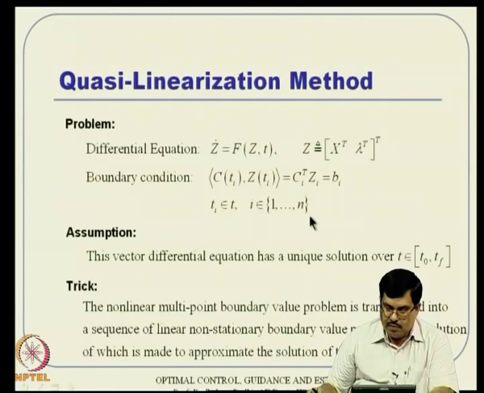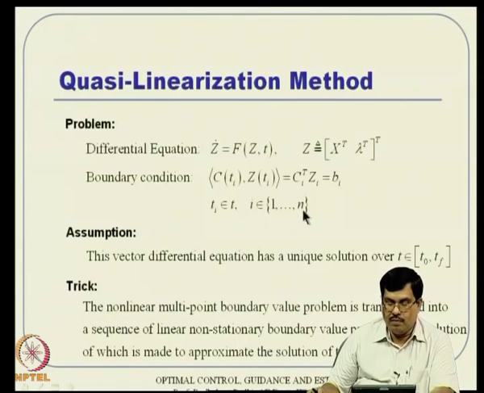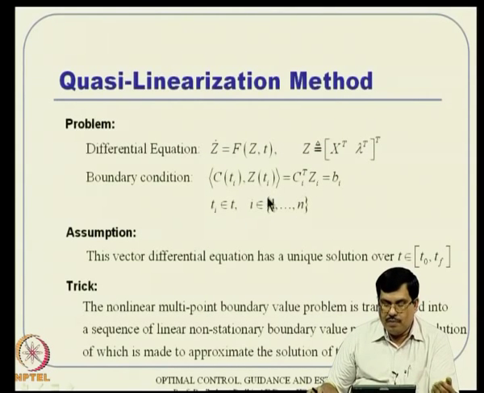For example, if a launch vehicle is going to the moon, you first go to a parking orbit and then go to the moon. So that kind of thing can be split either artificially or naturally. So the problem that we are talking about is this way: z dot is f of z, t, where the boundary conditions are given that way. And we also assume that this vector differential equation has a unique solution over this time domain.